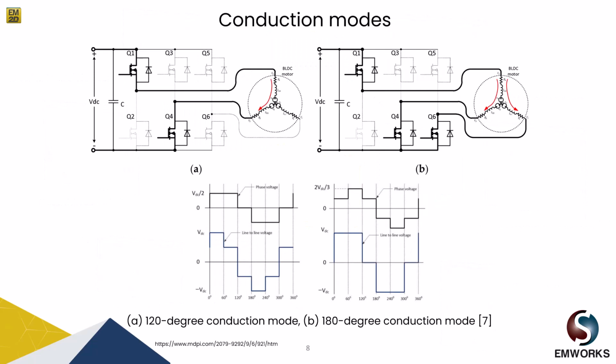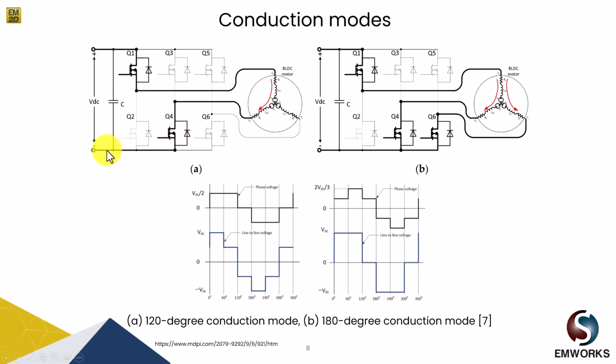In our today's webinar, we are considering the 120-degree conduction mode and the 180-degree conduction mode. Now let's understand what these conduction modes actually represent. For the 120-degree technique, the current flows through the two phases A and B from the positive end to the negative end of the DC bus, as you can see in this picture where I am pointing my cursor.